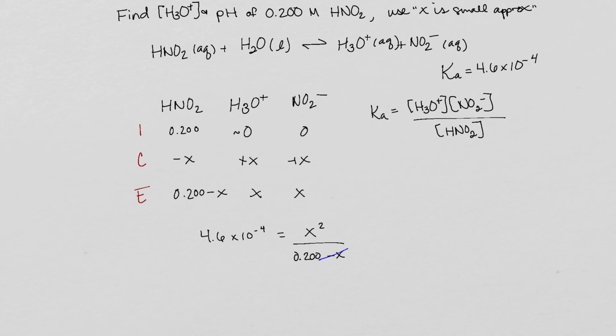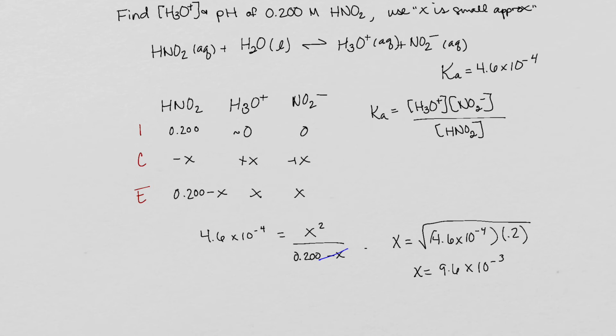So our x value is going to equal the square root of 4.6 times 10 to the negative 4th times 0.2. And so x equals 9.6 times 10 to the minus 3.